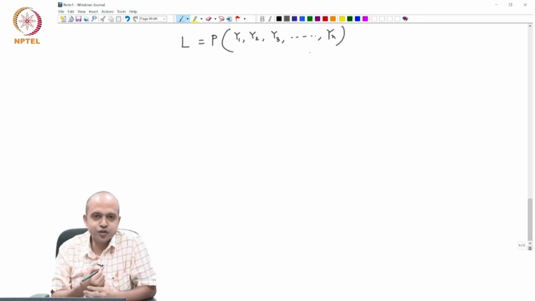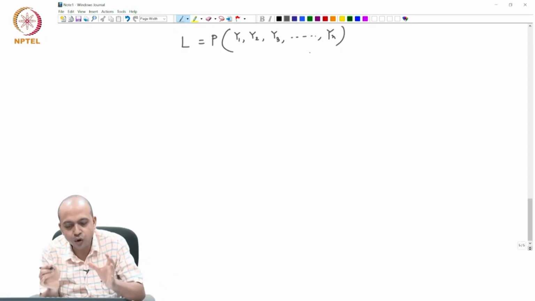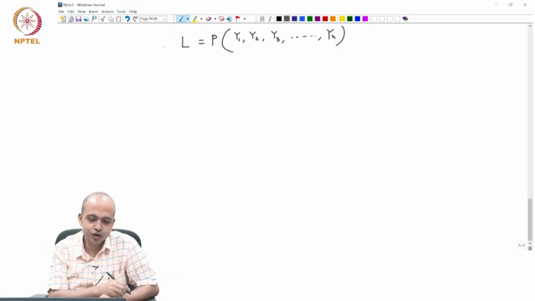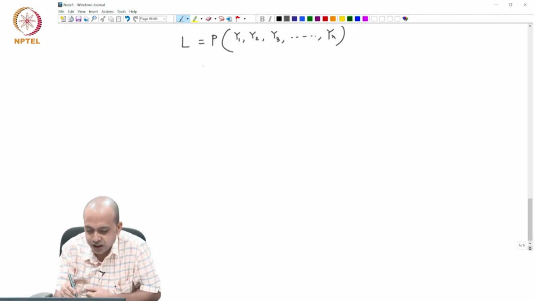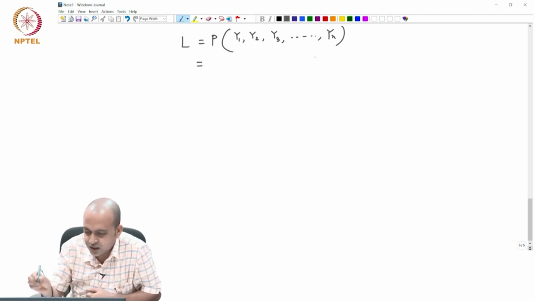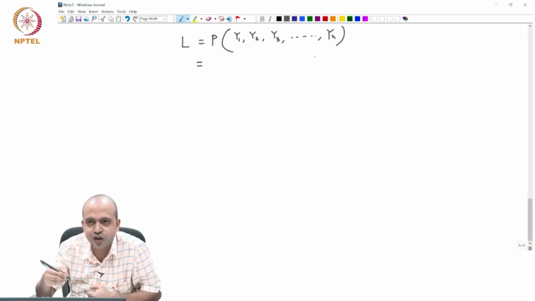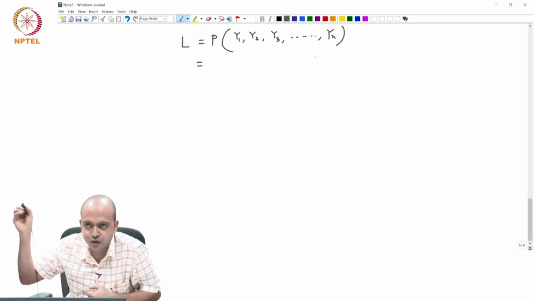So, your sample consists of n number of responses. Y takes the value 1 and 0, this is the response function. If you observe all your yi's, that is basically the likelihood function, which is the joint probability of observing y1, y2, y3 dot dot dot yn.